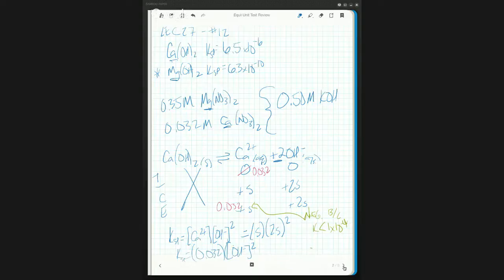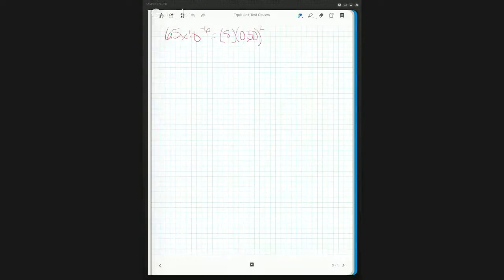And so 6.5 times 10 to the negative 6th is equal to 0.032 times hydroxide squared. So basically we're going to divide both sides by 0.032, and then you're going to end up square rooting them.